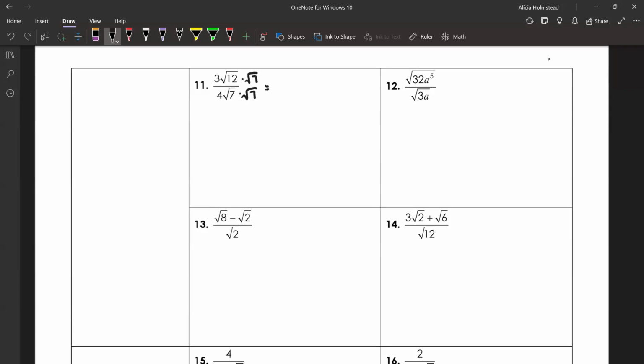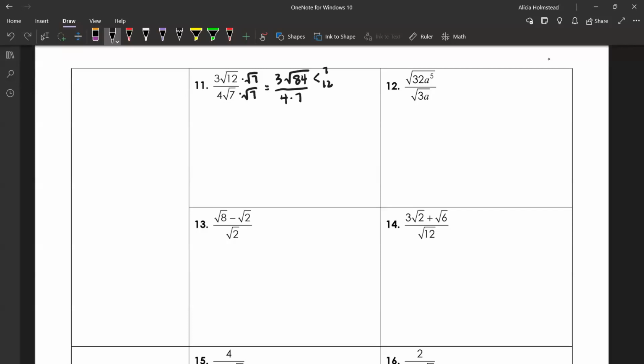Remember, do insides with insides, outsides with outsides. So this will be 3. 7 times 12 is 84. So 3 square root of 84 over 4. And then remember, any radical times itself is just the radicand. So that square root of 7 times square root of 7 is 7.